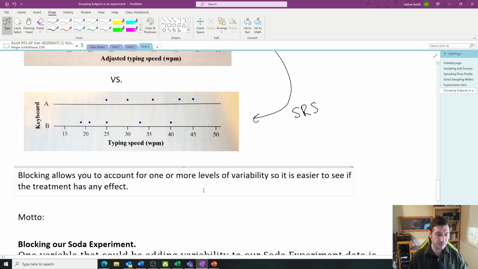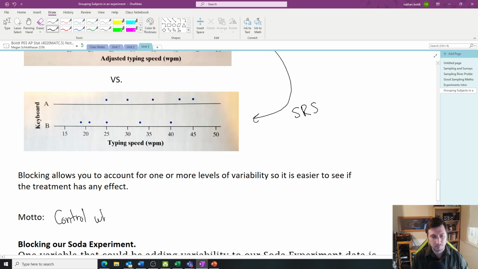So the motto is, I like this, control what you can. If you can control it, control it, like we controlled sugar for our Coca-Cola experiment.